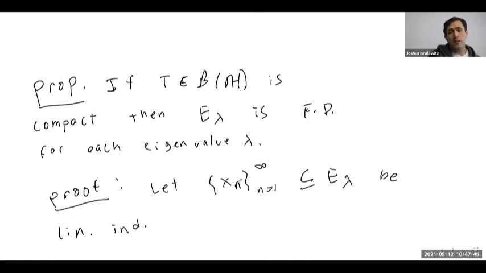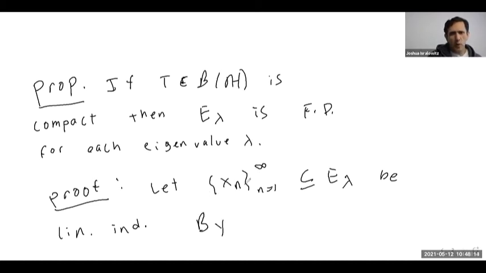More precisely, you can always perform an algorithm to get an orthonormal sequence where the span of your original linearly independent sequence is the span of your new orthonormal sequence. So in other words, because this is a vector space, E lambda, we can assume by Gram-Schmidt that this is orthonormal.